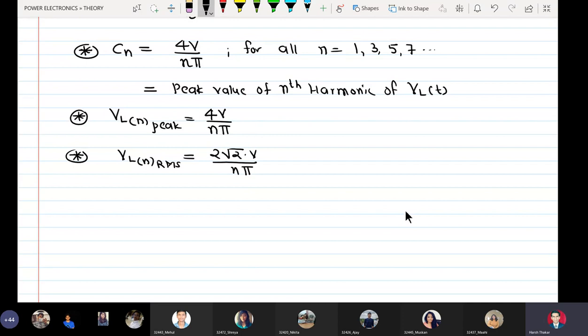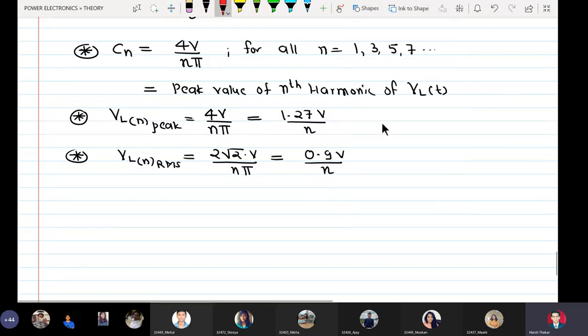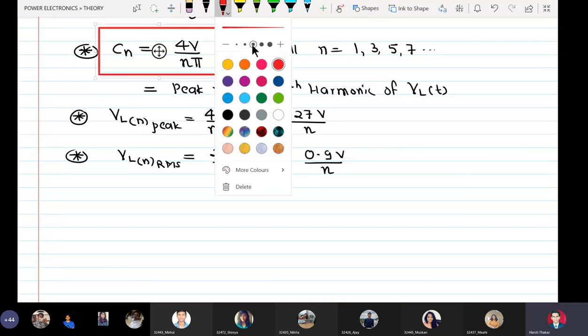So students, the peak value can be written as 4 upon pi, so 4 divided by pi is equal to 1.27, which is 1.27 into V by n. And this is equal to 2 root 2 divided by pi, equal to 0.9 V by n. These are important formulas which you should memorize. So Cn equal to 4V upon n pi.